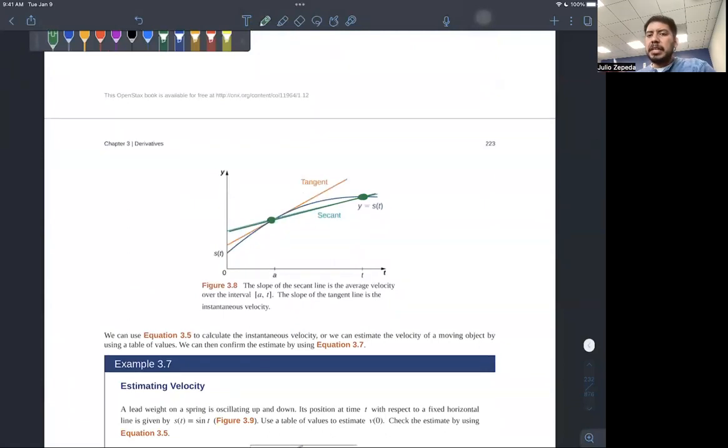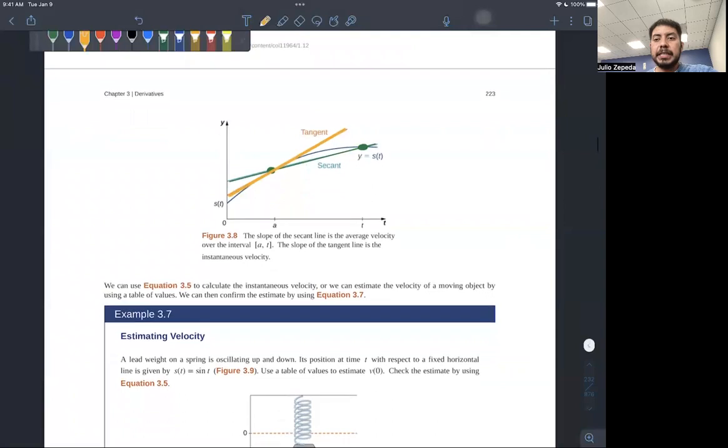But it would be a lot nicer if we could have the exact instantaneous velocity at the instant a, at t equals a, at the time a. And so, well, we can apply the same idea. Rather than finding the average velocity, we can shorten that interval, make t approach a, take the limit as t approaches a, and the slope of the secant line will approach the slope of the tangent line.